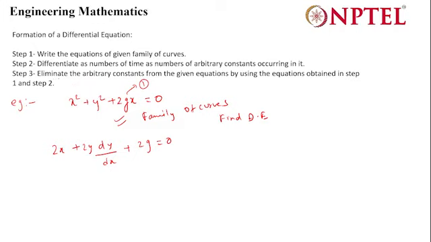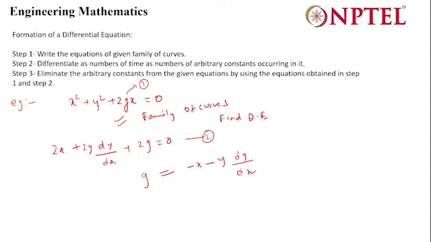And from here, you'll get the value of g. The next step is to eliminate the arbitrary constant from the given equation by using the equation obtained in step 1 and step 2. This is step 1. This is your step 2. So from here you can calculate the value of g. If you multiply by 2, that will be minus x minus y dy by dx.